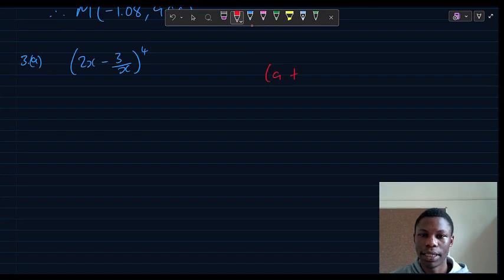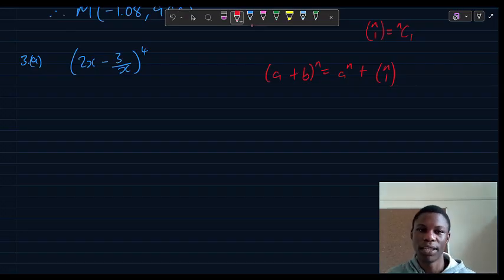It will be given as a plus b to the n is equal to a to the n plus n choose 1. This notation here, n1, that's the same as n choose 1, so don't be surprised when you see them give it in a sort of vector form. It's the same as the notation that you're used to.